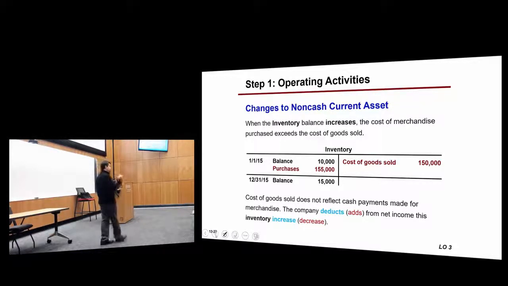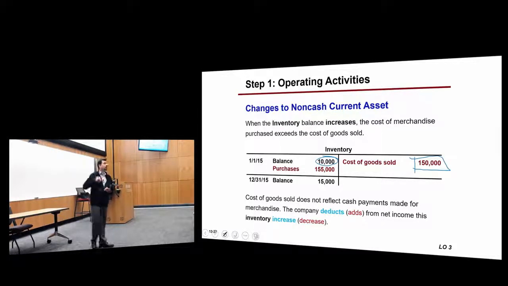The cash cost, the amount paid, will be equal to the cost of goods sold. But let's say, like in this example, the balance originally was $10,000. The company, during the year, bought $155,000. The company recorded cost of goods sold, the ones that were sold, as $150,000.